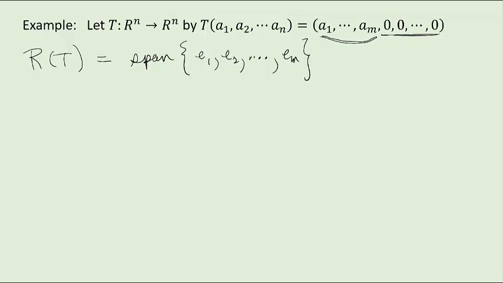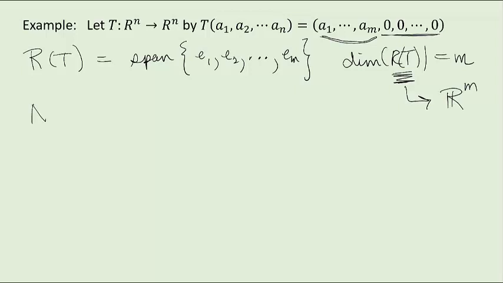Those are all n-tuples with a 1 in the position indicated, like e2 has a 1 in the second position. So we see that the dimension of the range of T is clearly m. We can really identify the range of T as R^m, m space.